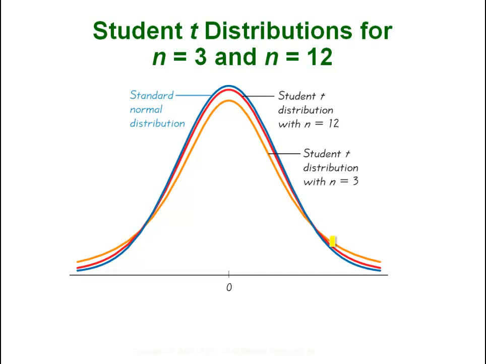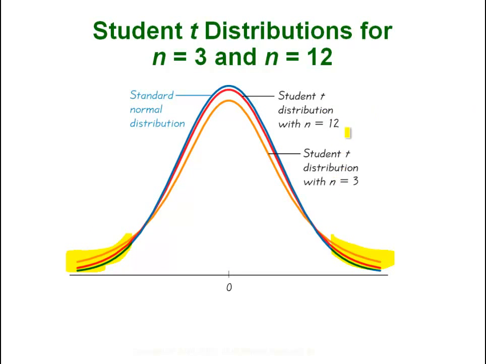See how the tails are higher out here on both sides? So that means for small samples, you get more variability in the tail, and there's less clumping in the middle. It's shorter in the middle and fatter out on the edges. So it's kind of been stretched out left and right.